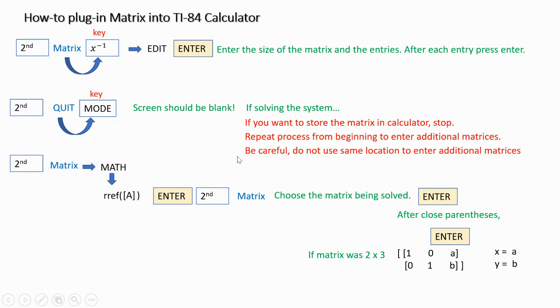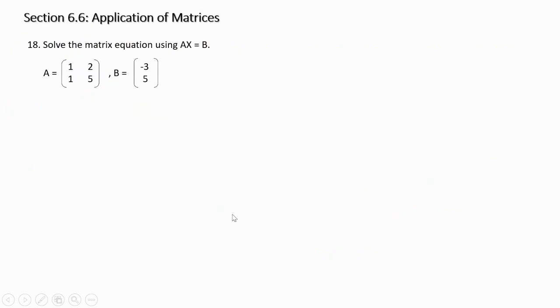For example, if you already put something in matrix A, when you go to edit, make sure you go down to matrix B, because if you don't, it'll replace what you put in matrix A. There's also a website, guys, that you can log into about how to enter a matrix in a TI-83 or TI-84 calculator, and they even have videos. Then you scroll down and use other locations for additional matrices.